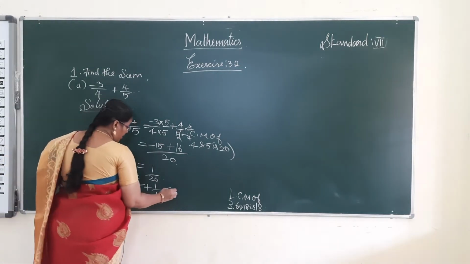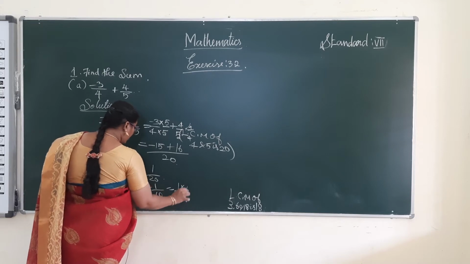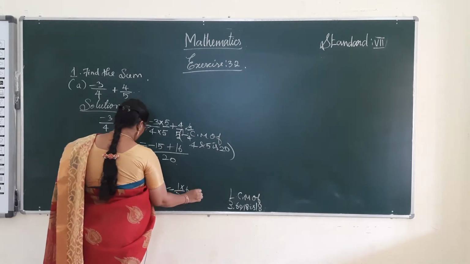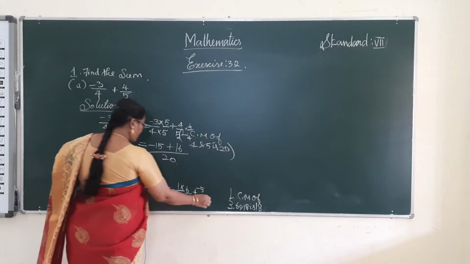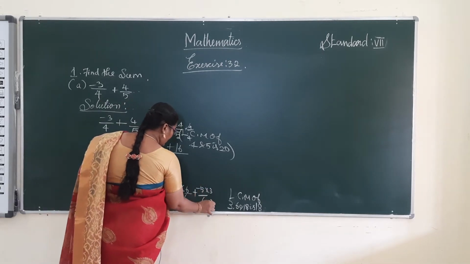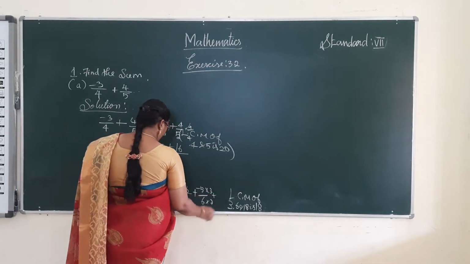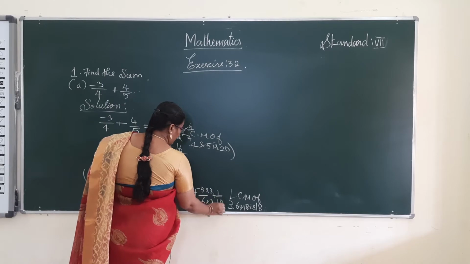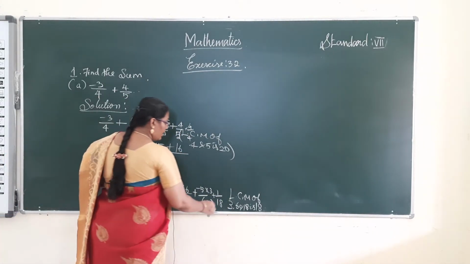3 6s are 18. So the same number multiplies the numerator also. Plus minus 5 by 6, into 3 on numerator and denominator, plus 1 by 18. Here the denominator is already 18, so there is no need to multiply by any number.